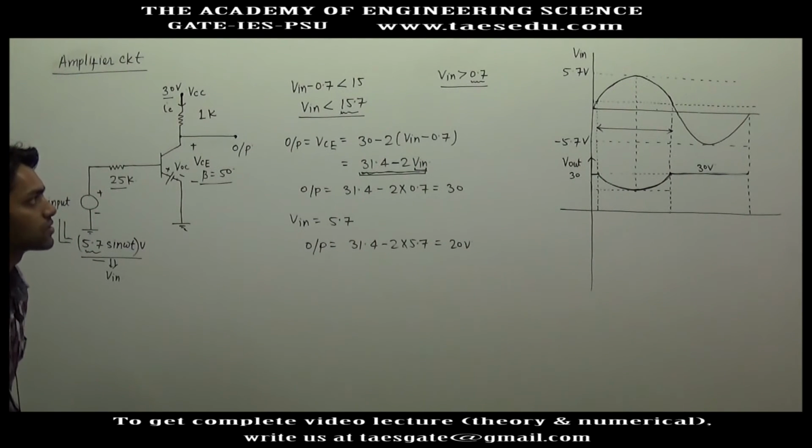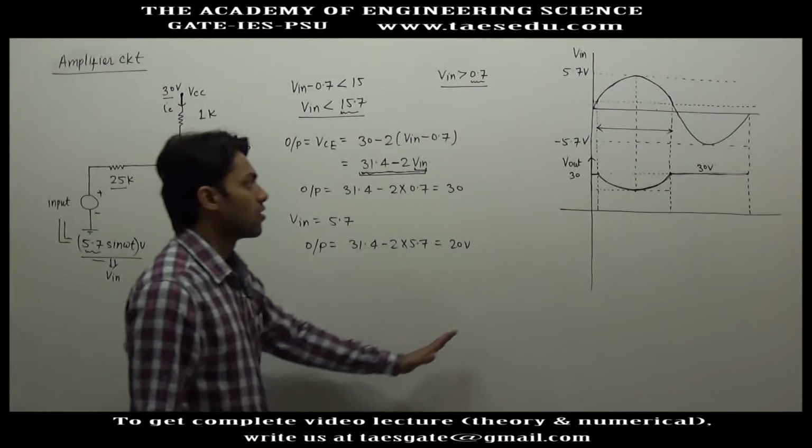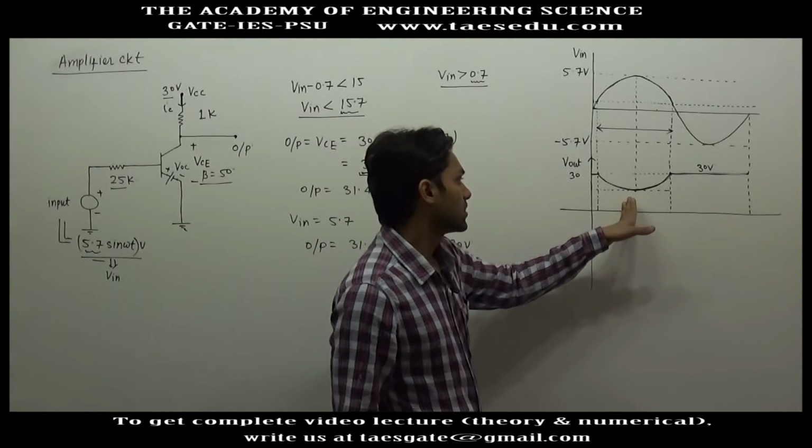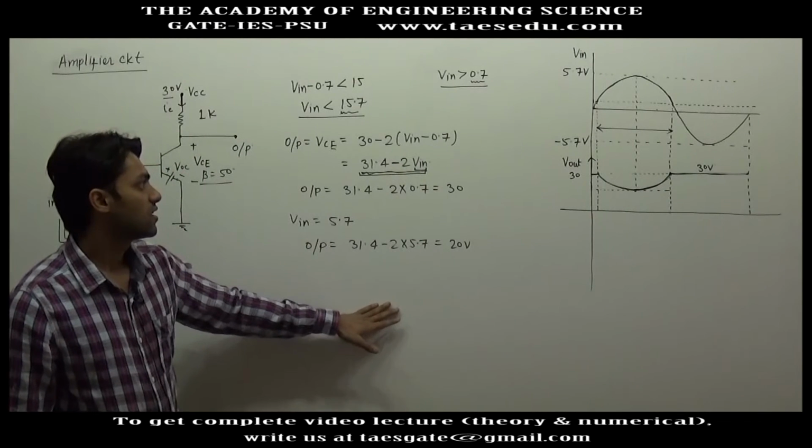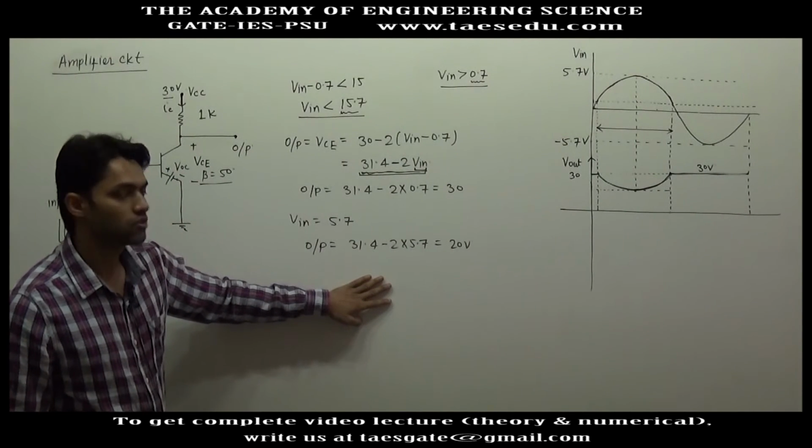Okay, so in this question we have a graph of input voltage, and we first found out the boundary for which it will operate in cutoff region and active region, and for both the regions we found out the expression of output voltage.